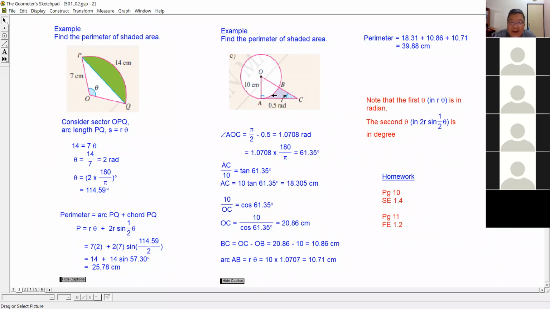Lastly, I need to find the arc length AB. Arc length AB is s equals r theta. R is 10. Theta, you need to use radian, 1.07. Then after that, you add these three together, you get the perimeter.